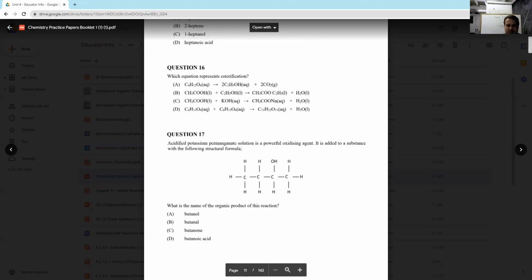If you look at answer B, you've got COOCH, so COOCH tells us it's an ester. If it was COOH, it would be a carboxylic acid. You can see that here.